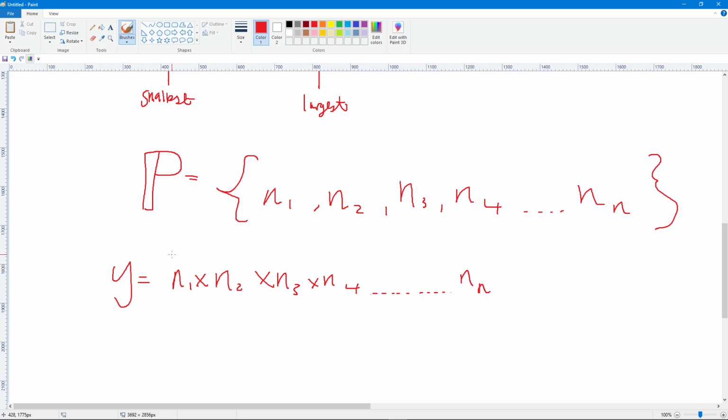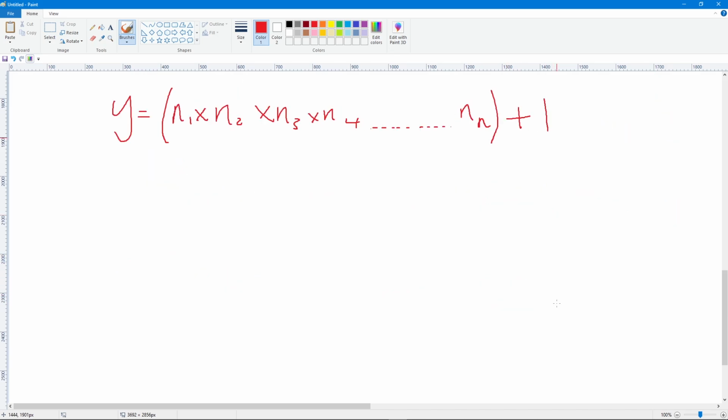Well, if we bracket this and we add 1, we have a new prime. And I'll explain this in a second. But basically, if y is a new prime, y is larger than nn, but nn is the biggest prime, and y is a prime that's bigger than the biggest prime.